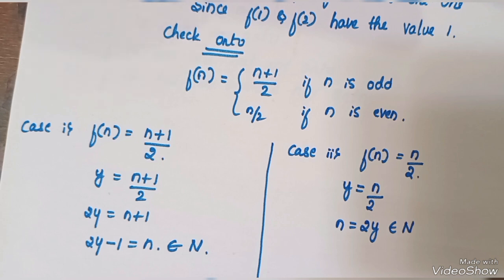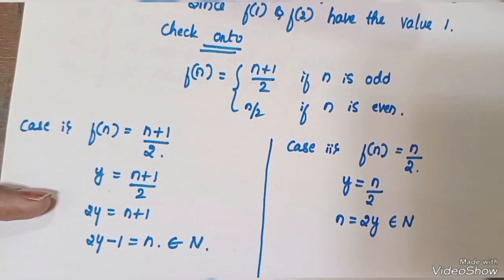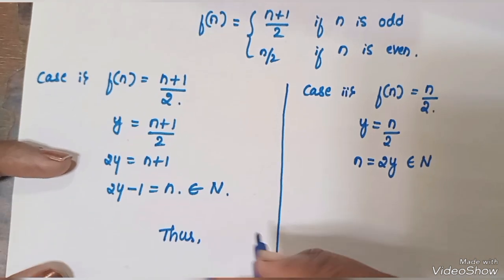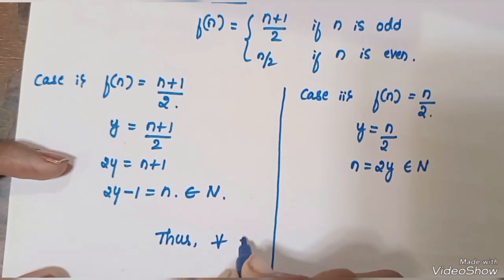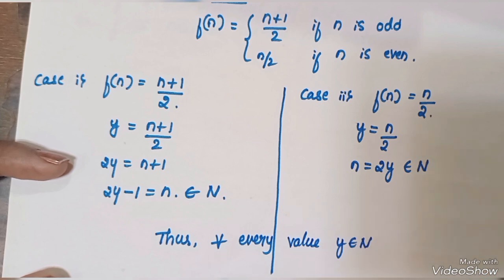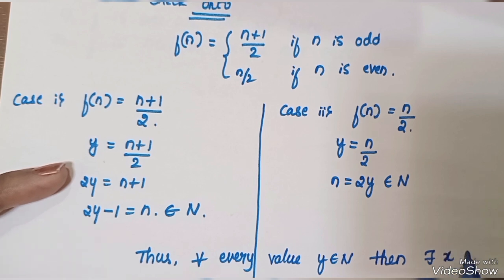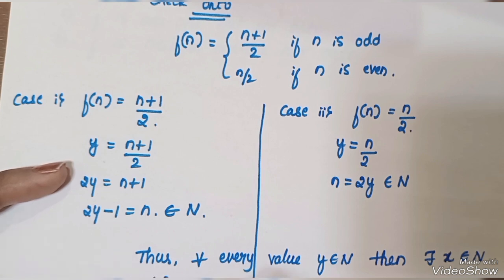From these two cases, 2n also belongs to N. Thus, for every value y belonging to N, there exists a natural number x such that f(n) = y.